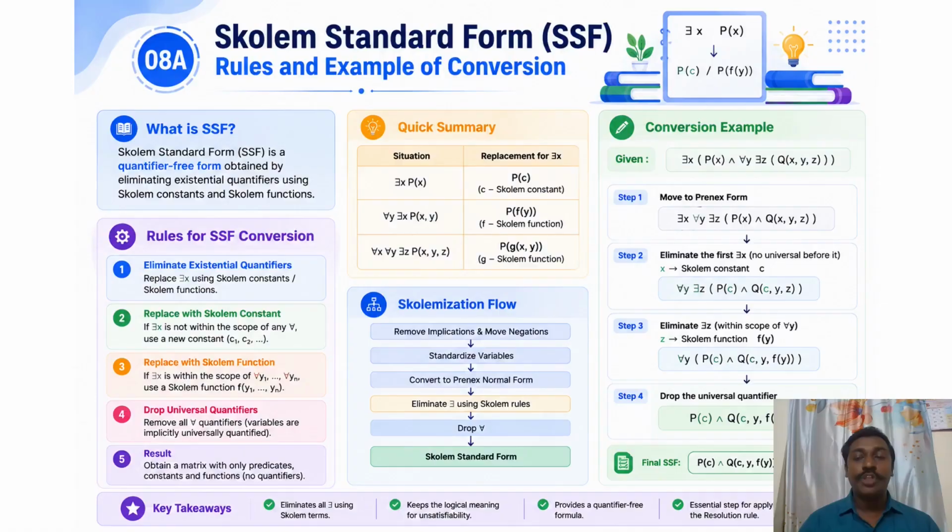And then we have to drop these universal quantifiers that are present before the matrix. The result will be only predicates, constants and functions, with no quantifiers. For a quick summary, there exists x, p of x can be replaced with p of c, and here c is a Skolem constant.